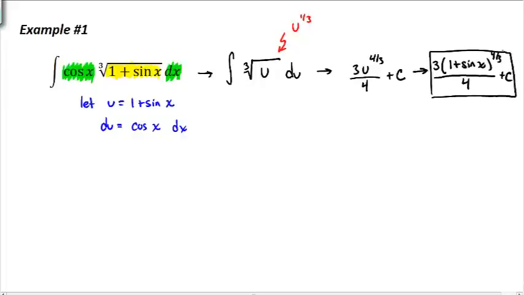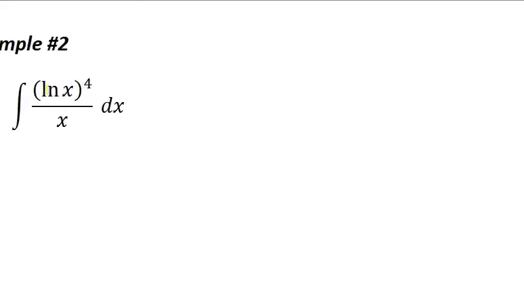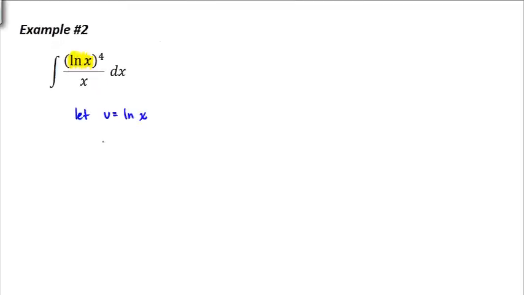Okay, let's take a look at another one. Example 2. We've got the antiderivative of the natural log of x raised to the 4th power all over x dx. Again, it looks like our composition here is the natural log of x because it's being raised to the 4th power. So let's try that for our u. We take the derivative, separate our differentials.